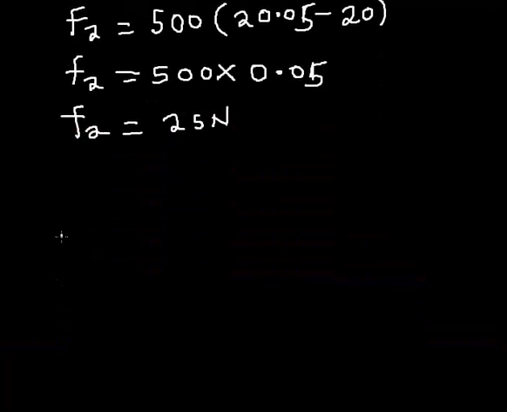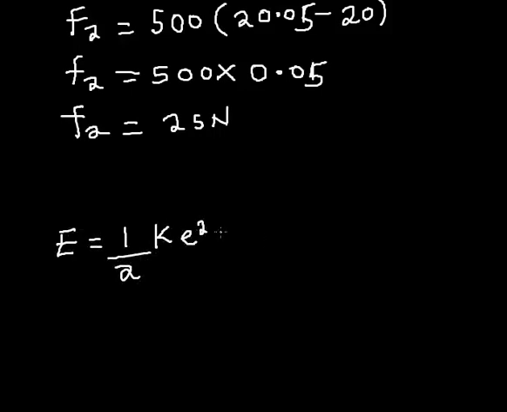I've given you two formulas for energy. This time around, I'm going to use the second formula I gave you, which is half K E squared, because the force constant was given. So that's going to be half of the force constant, which is 500, times the extension given. The extension was 5 cm. I need to convert that 5 cm to meter by dividing by 100.